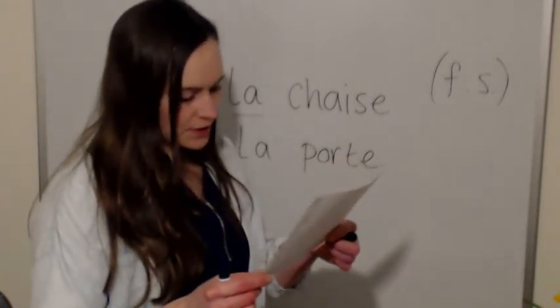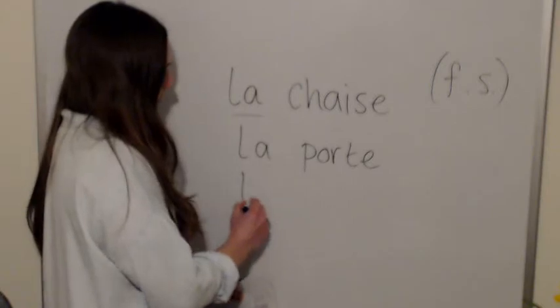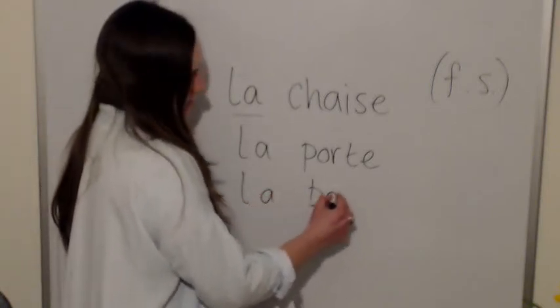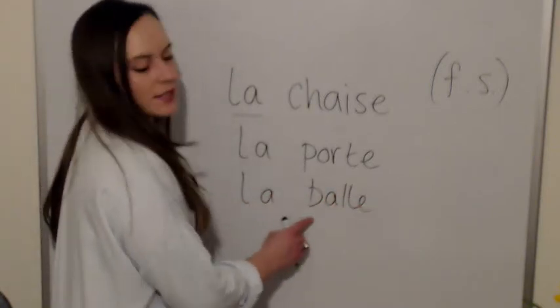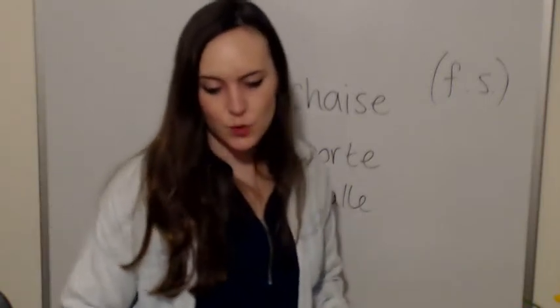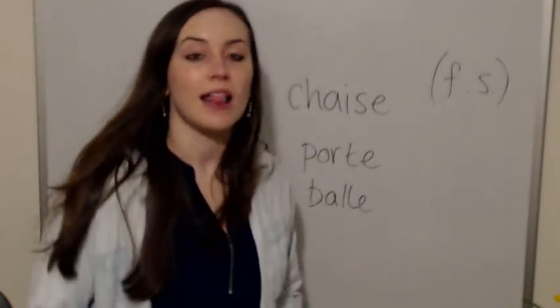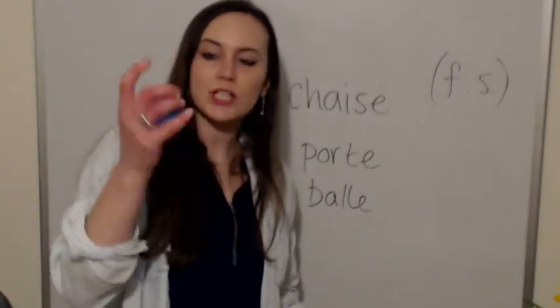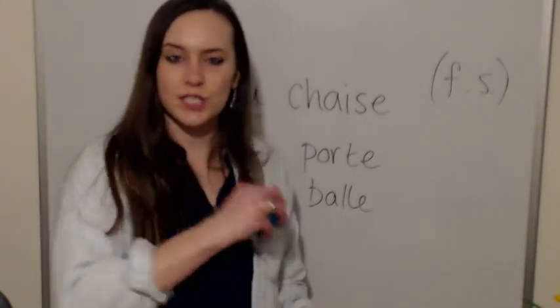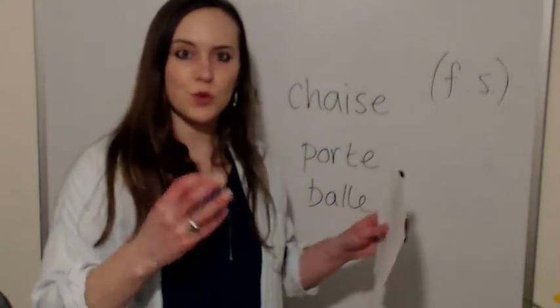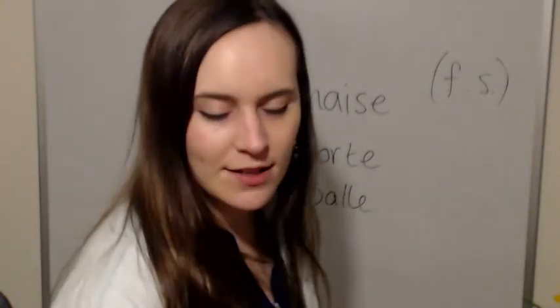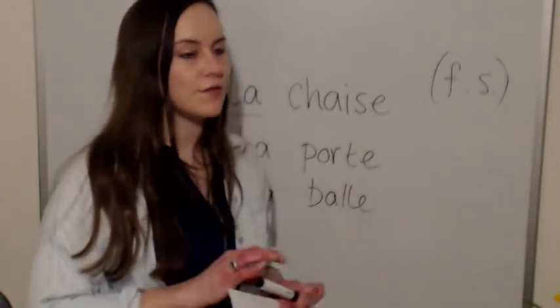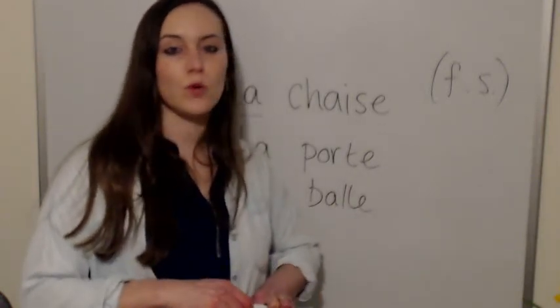How about one that you saw at the beginning? La balle. It looks quite similar to the English word ball. It could be any smallish kind of ball that you use for sport. A larger ball would be called ballon. Un ballon is actually a masculine word, like a football or a rugby ball or basketball.